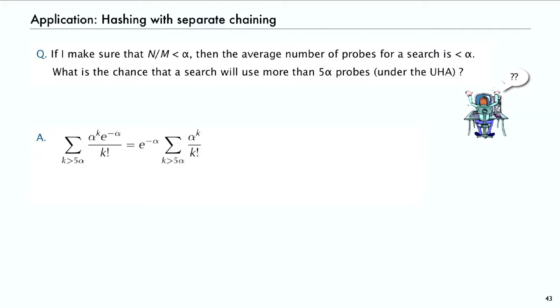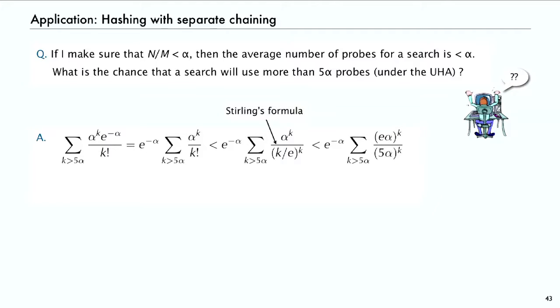We know the probability for k probes. We can sum that for all k bigger than 5 alpha. And the trick is to use Stirling's formula to bound k factorial. If you do that, then we get something that converges very rapidly.